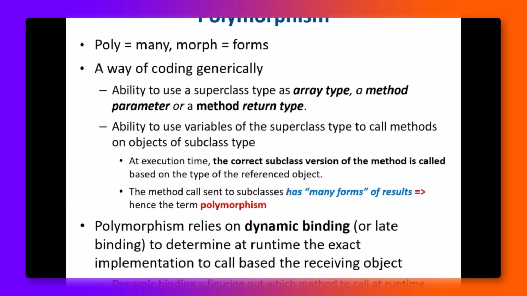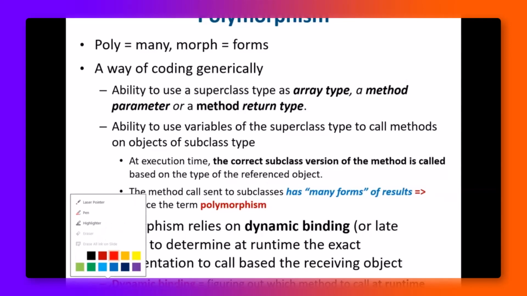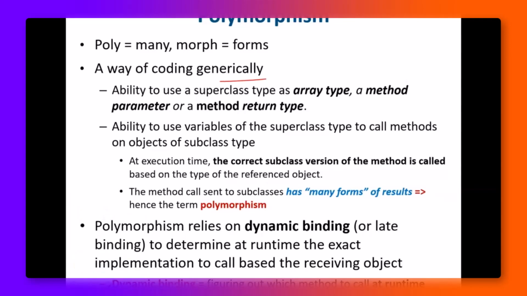With more experience in object-oriented programming, you will see that this way of writing code is going to help you a lot. It's a way of coding generically, which is a great advantage.